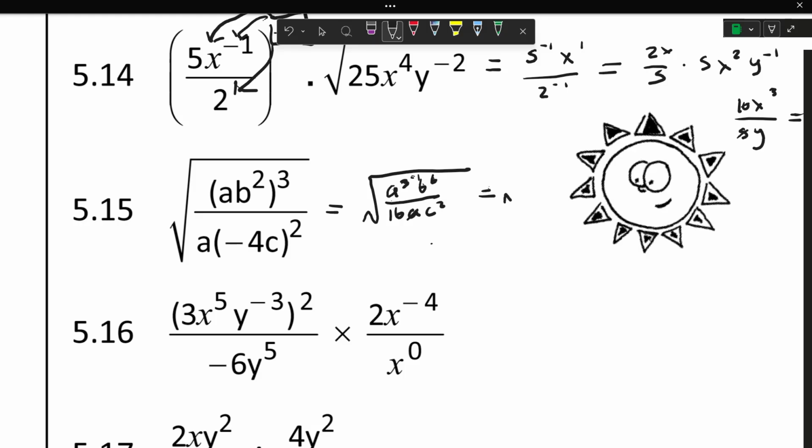Then this is the square root of a squared b to the 6 over 16c squared. Remember, the half distributes, so everything is going to have a square root on it, and that'll be a b to the 3 over 4c.